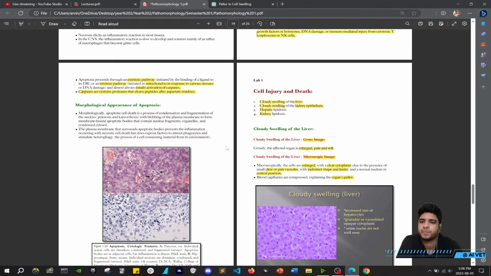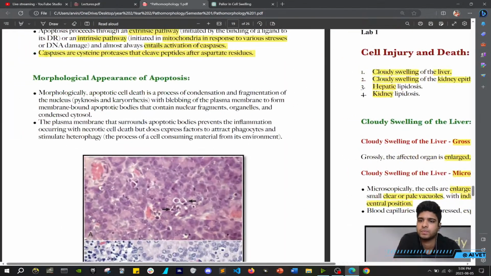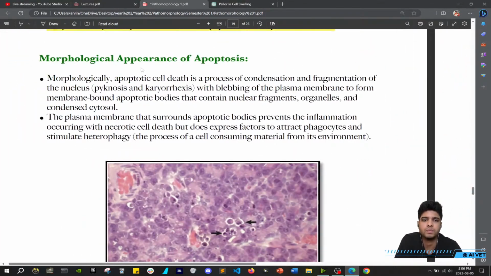Nice. Yeah, condensation and fragmentation of the nucleus. Yeah, pyknosis, karyorrhexis, blebbing. Contain nuclear organelles. Yeah, condensed cytosol.